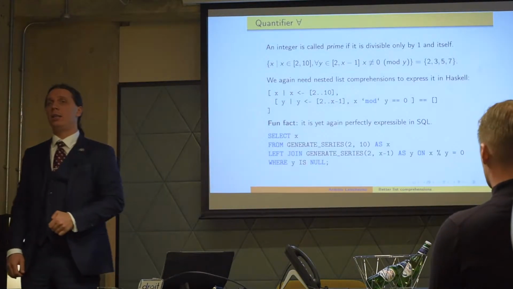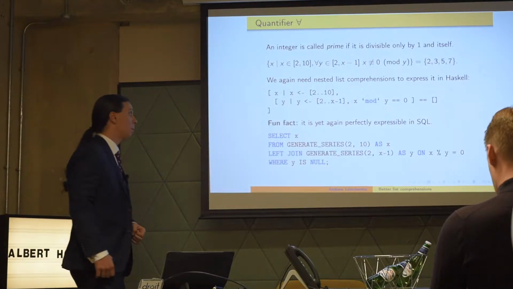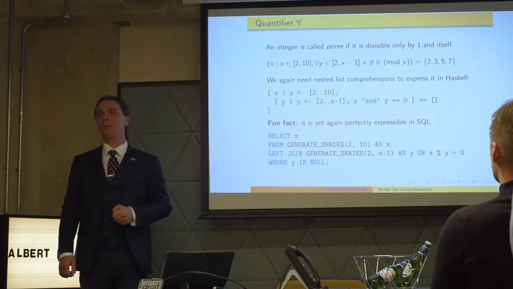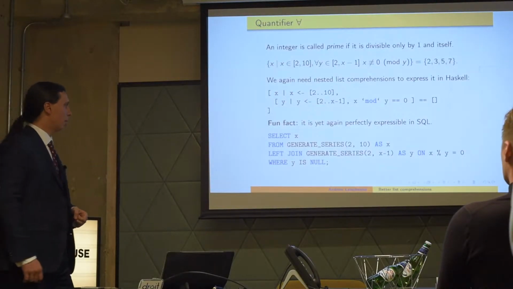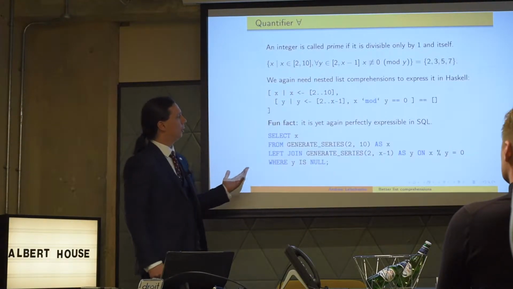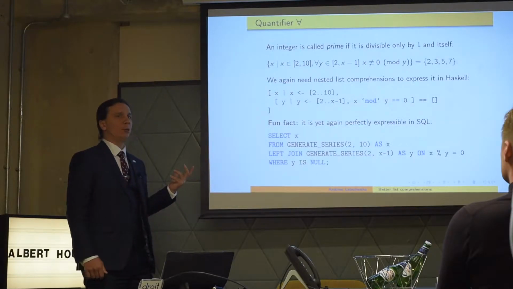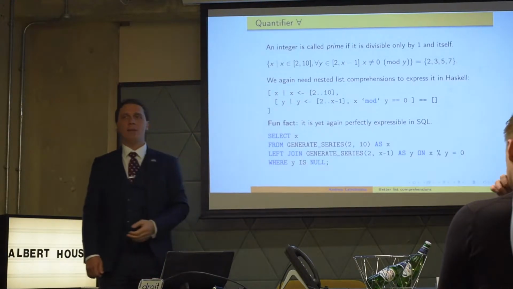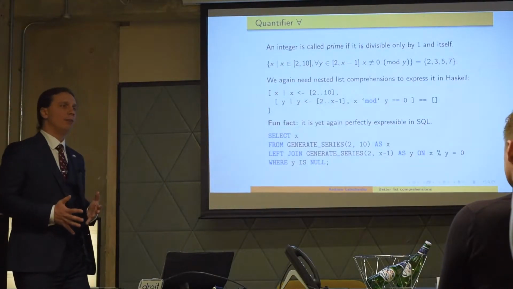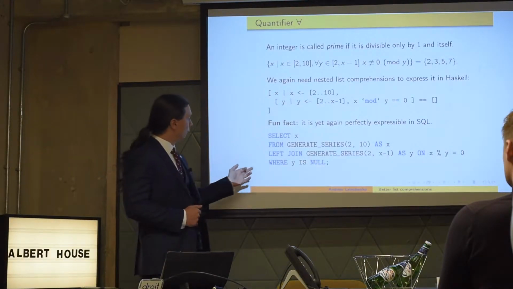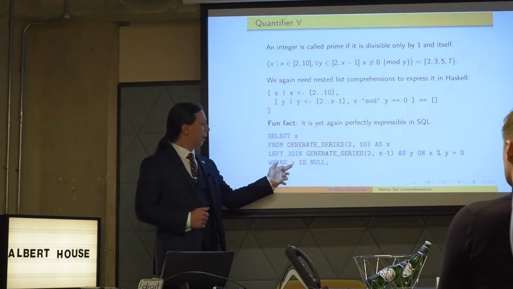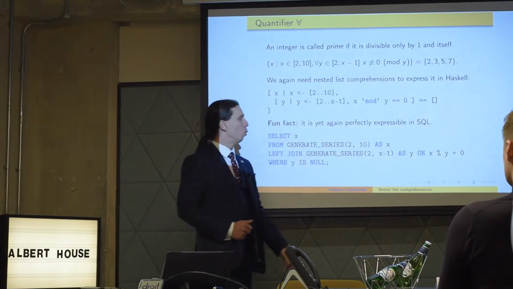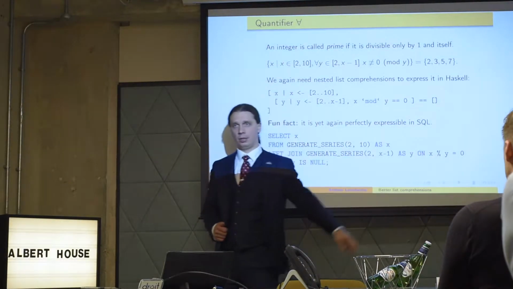And it's yet again expressible in SQL. We need the help of the left join operator. And in SQL we actually do it in a somewhat nicer, more declarative way. We just say: make me a left join of two tables and return only those rows where y is null. So no y satisfies this condition.